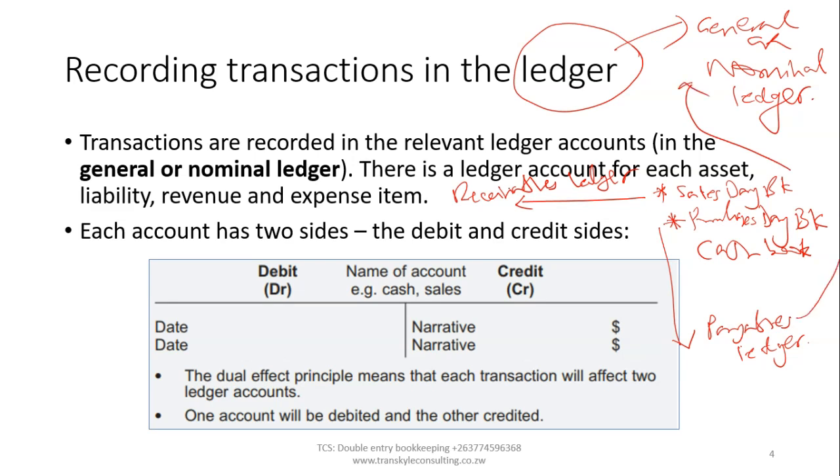Even the payables, even the purchases, are also transferred to the general ledger. You understand what we mean here when we do control accounts. So the books of prime entry provide information to the receivables as well as the payables ledger, but they also supply direct to the general or nominal ledger.